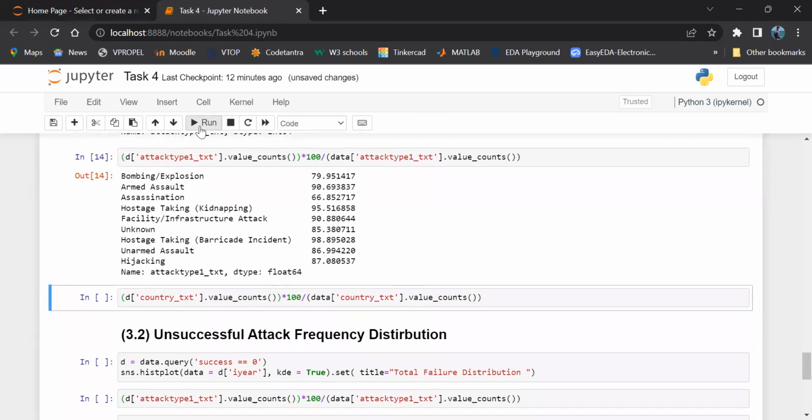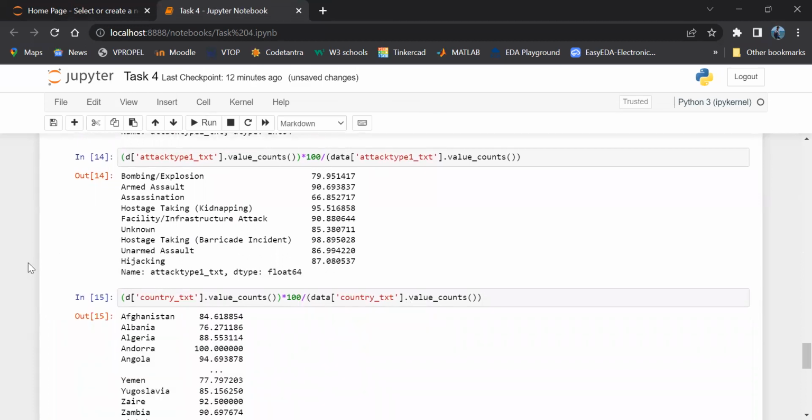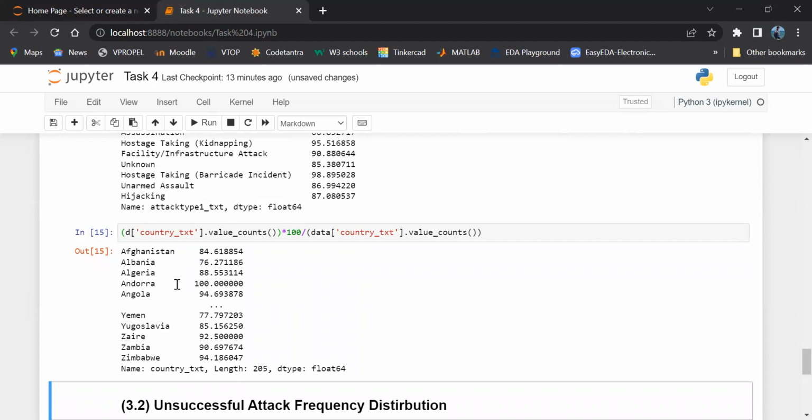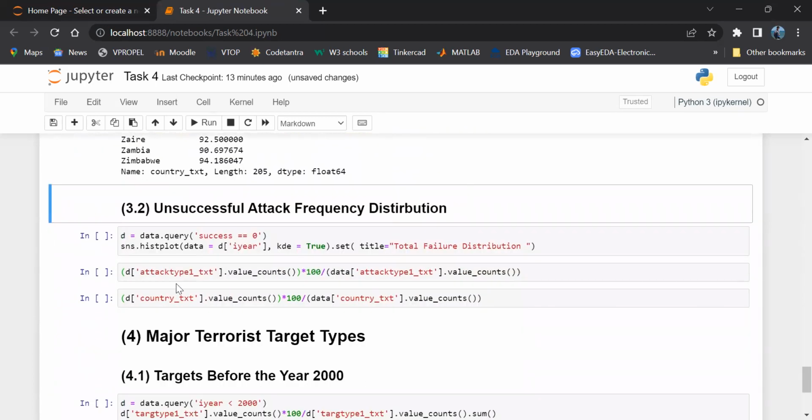So let's see which countries had the highest attack success rate. Afghanistan had a success rate of 84%. Like that, Albania 76, Algeria 88, as you can see. Let's see the unsuccessful attack distribution.